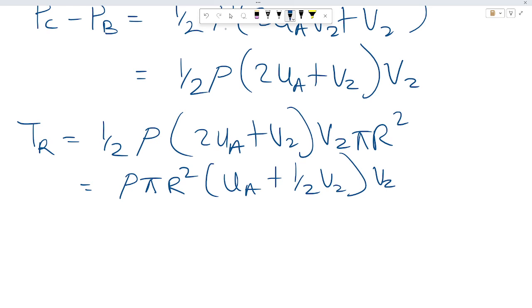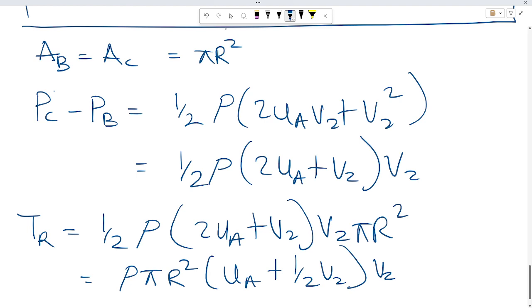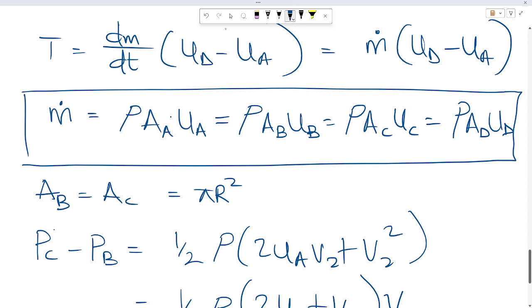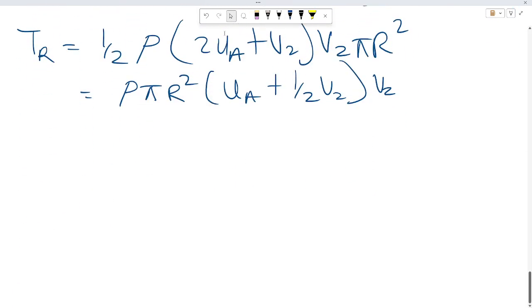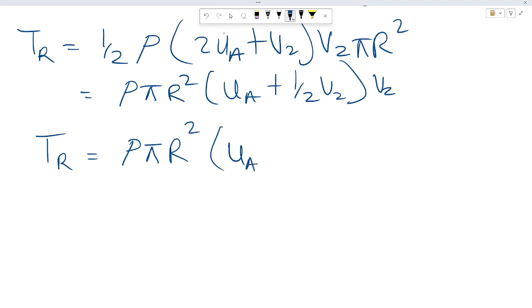So by slotting the value of the mass flow rate, that is rho AB UB and rho AC UC, we can derive that thrust equals rho pi r squared, UA plus V1, V2.